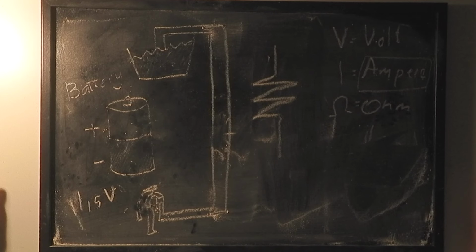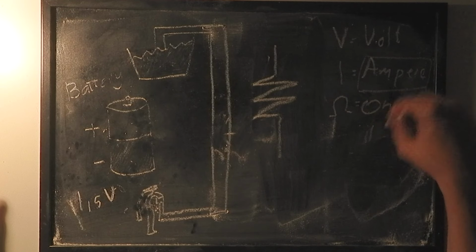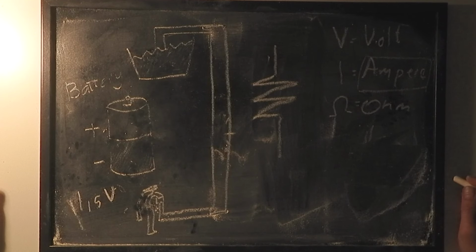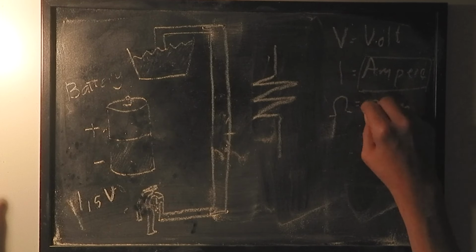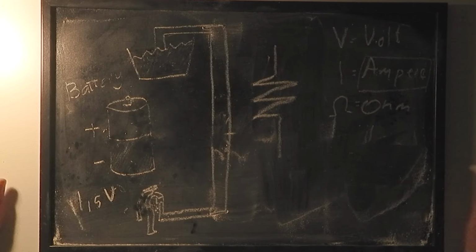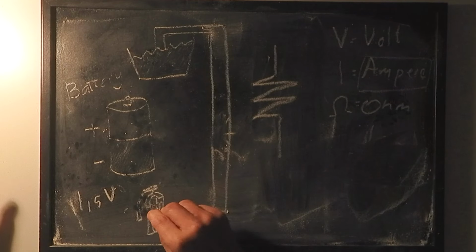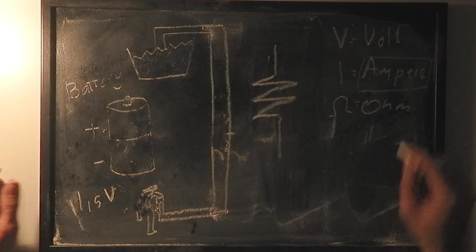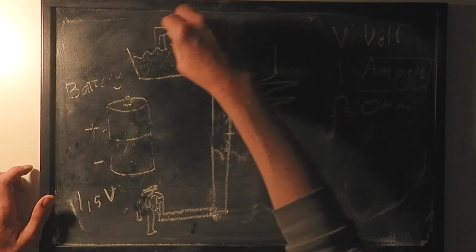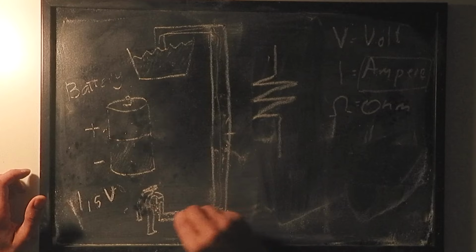And I'm not going to go into any math here. I'm not going to describe how to calculate all of these values, because that's not the important thing here. The important thing is that you know the difference between these three things. That the voltage is the strength of the battery, of the pump. The ampere is the flow of water.